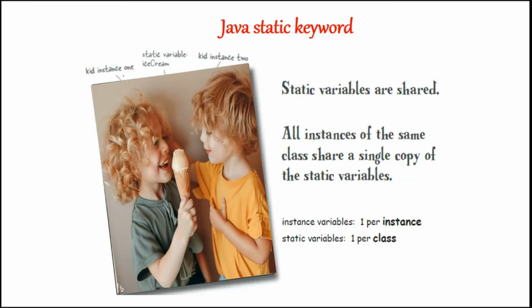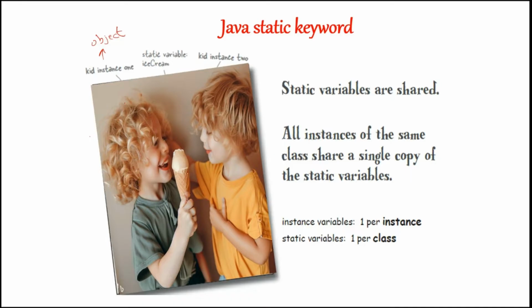Here is the illustration which is given in your book. So what is an instance? If you take this kid as the first instance, and instance means object, this object has some personal things: this shirt, and obviously eyes, nose, everything is personal.